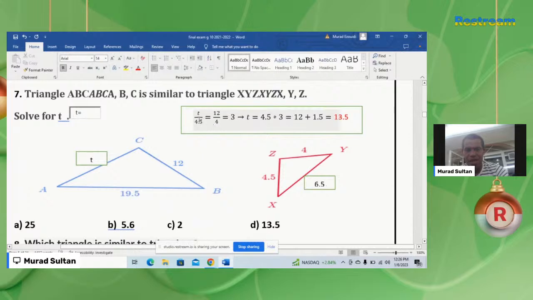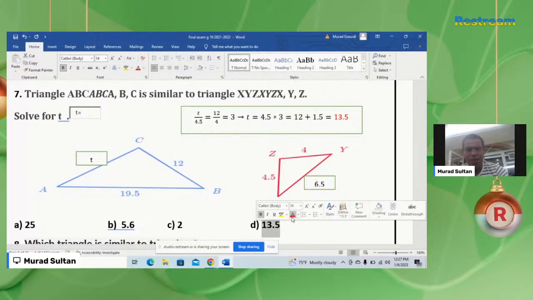Therefore, I will write T divided by 4.5 equal to 3. We should cross multiply, meaning T equals 4.5 multiplied by 3. Therefore, T is 13.5 centimeters. So the correct answer here is 13.5. In the exam, of course, it can be another example, squares or rectangles or triangles whatsoever.